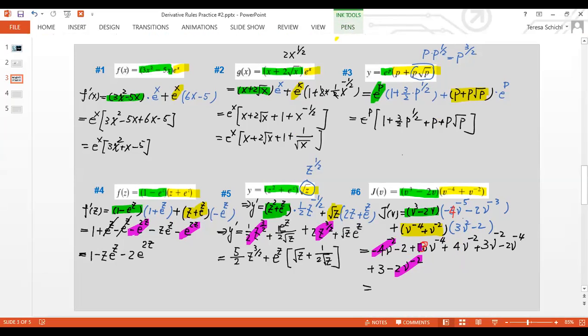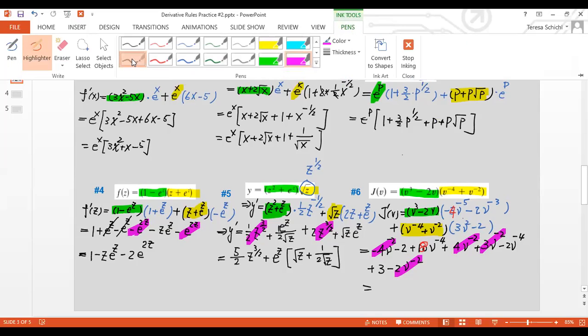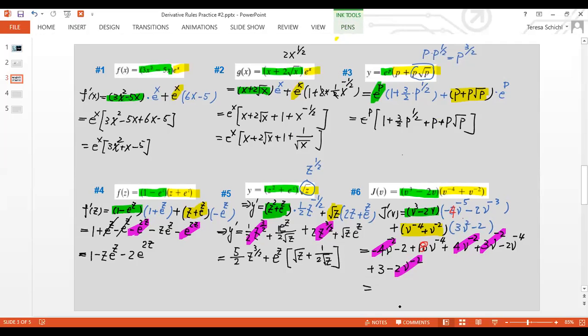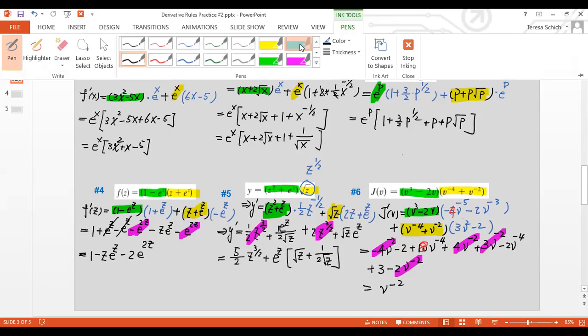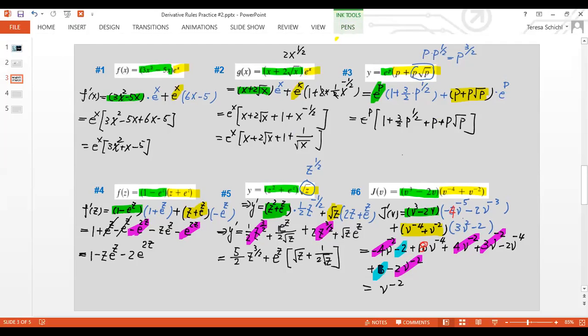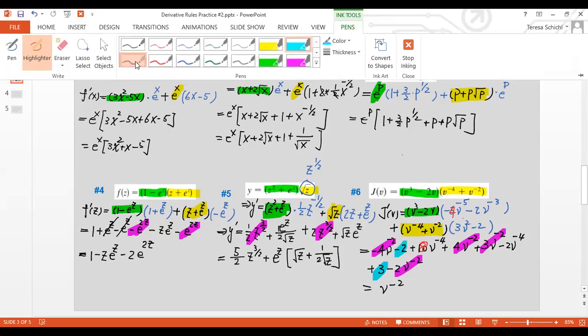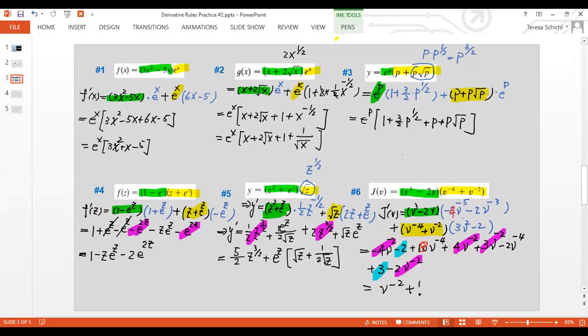So, oh, here is good, here is good, and oh boy, that's good. Okay, finally, all right, so I have 1 v to the negative 2, then the constant here. All right, so that's getting better.